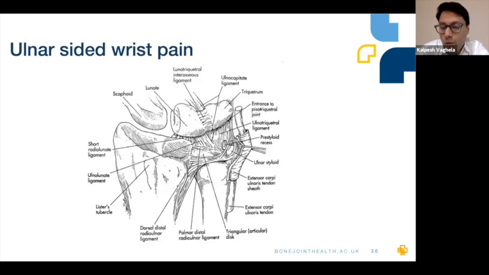I won't go into too much detail because it's a big topic in itself, but keep this diagram in your mind when you think about patients with distal radius fractures or any other trauma who come back with discomfort on the ulnar side of the wrist, and take it seriously because there could be an underlying issue. With these patients, the investigations of choice are MRI scans and also arthroscopy of the wrist, where we can have a direct look and probe these structures, see what's been damaged and repair as appropriate.